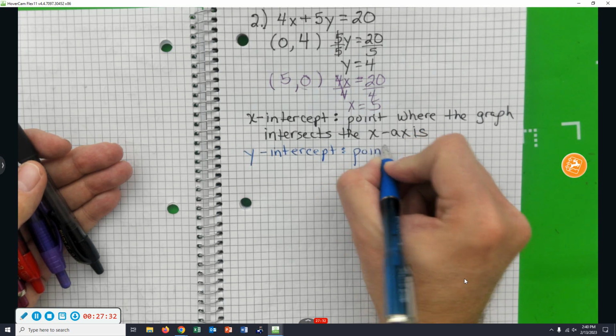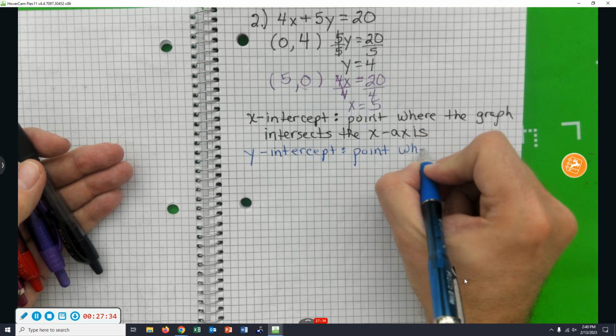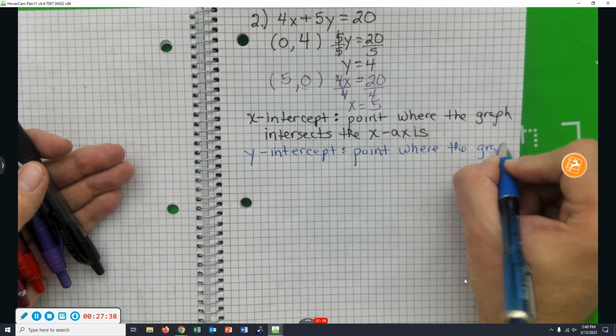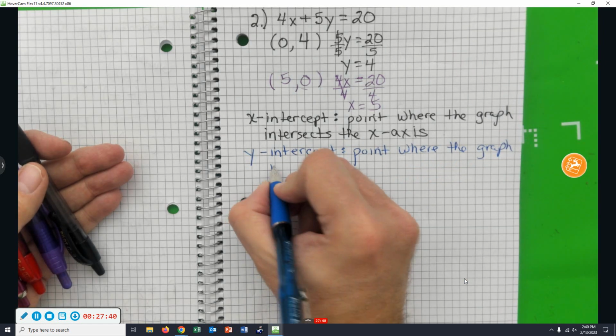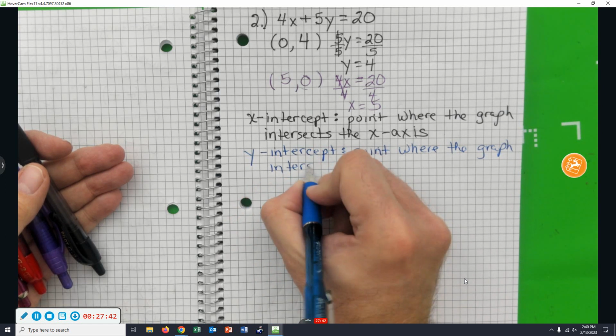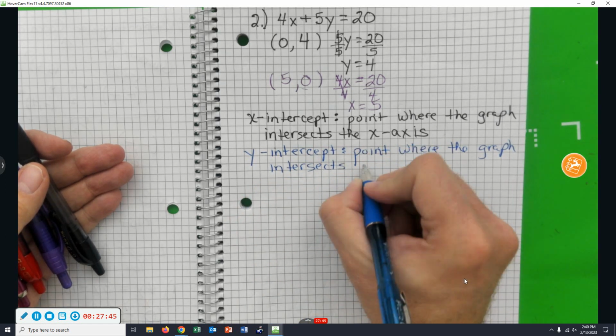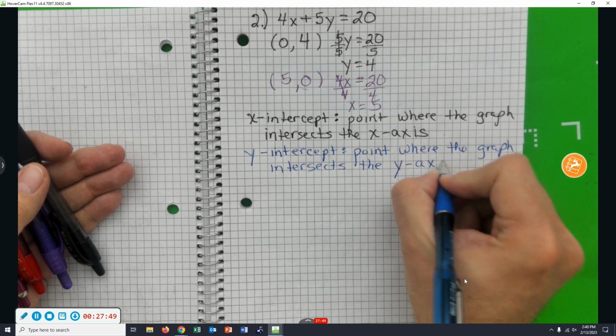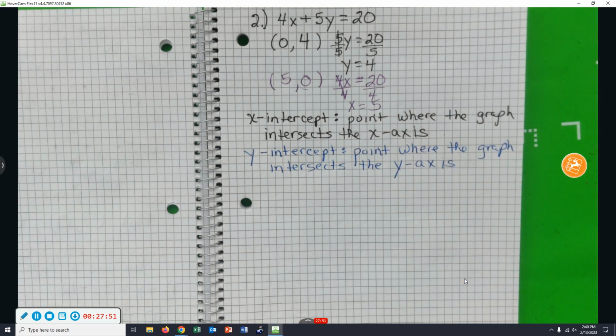The y-intercept is the point where the graph intersects the y-axis. Another reason I'm mentioning this is I think that's what we just did.